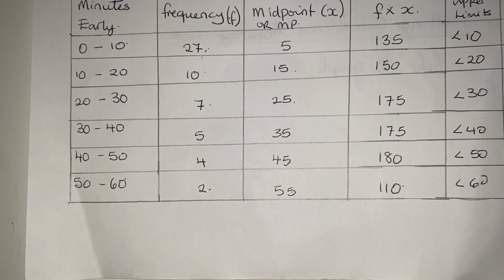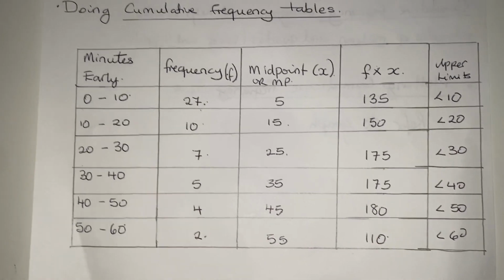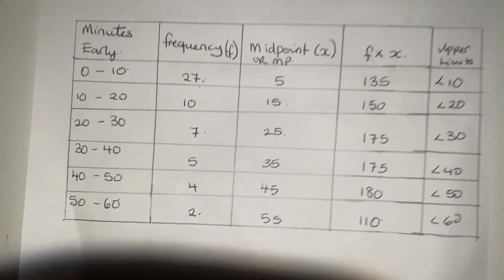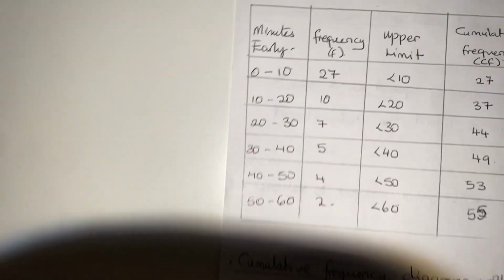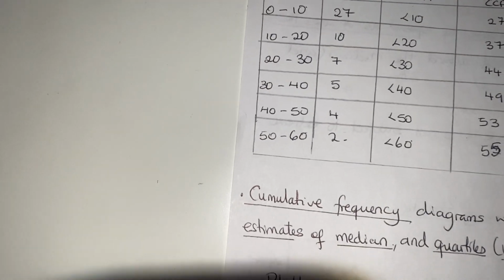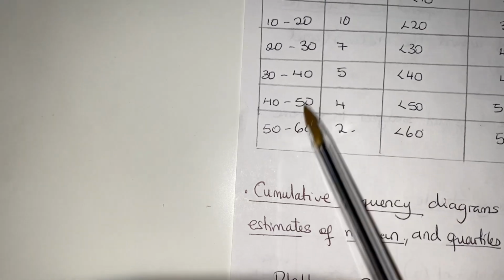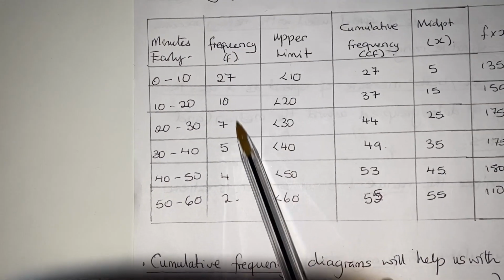But today I want to show you how to do a cumulative frequency, which we've done in the exam topic. So they've given you these two columns here, minutes early and frequency.